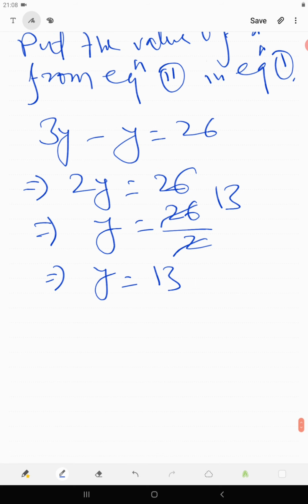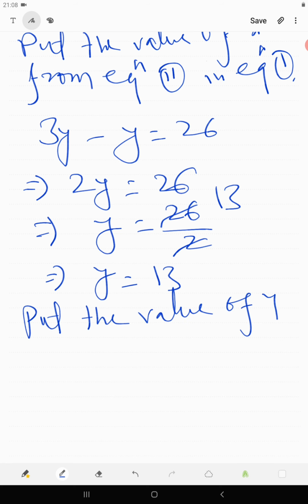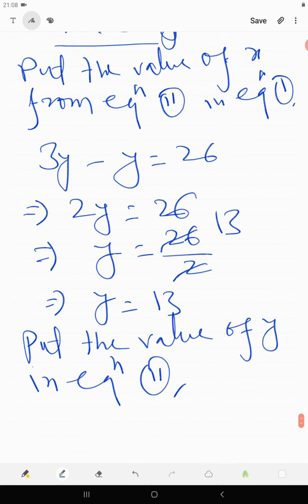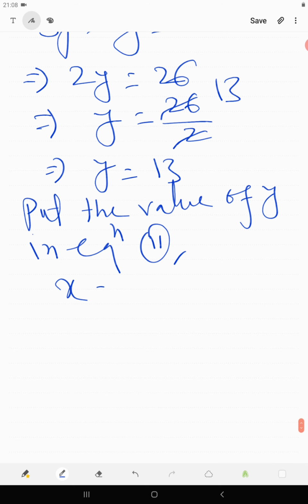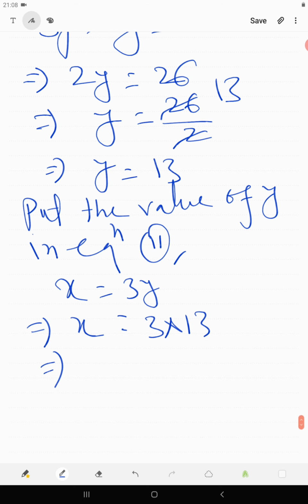Now put this value of y in equation 2. In equation 2, x equals 3y, correct? That means x equals 3 into 13. x equals 39. So x is 39 and y is 13.